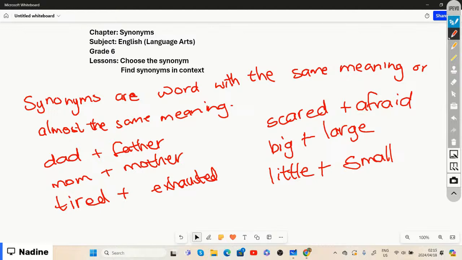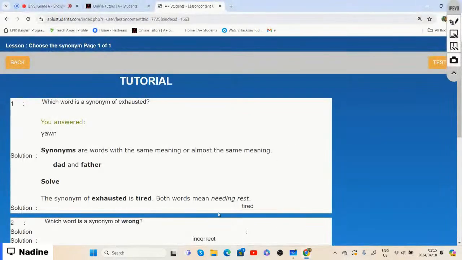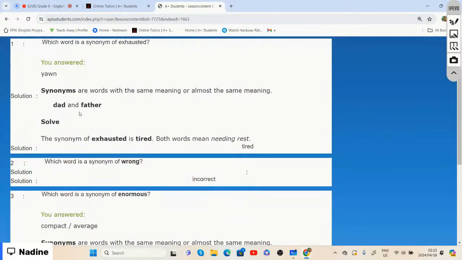They are words either with the same meaning or with almost the same meaning, right?